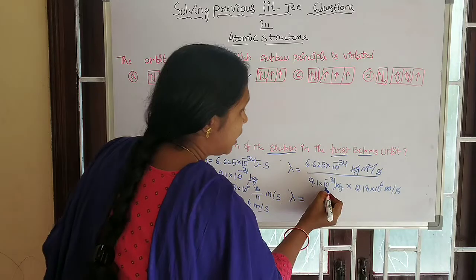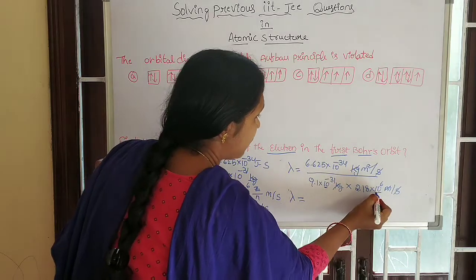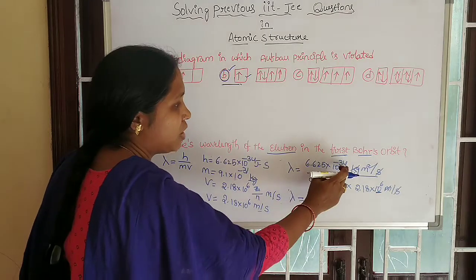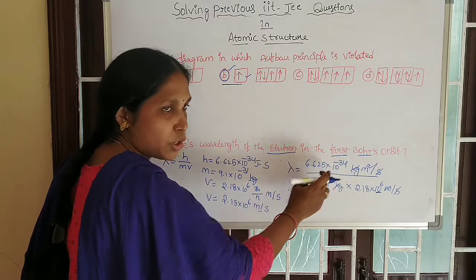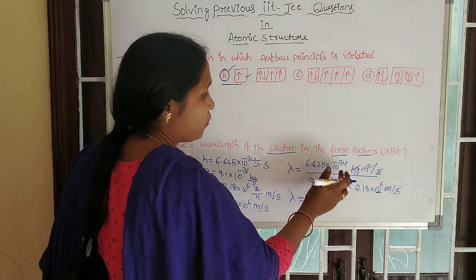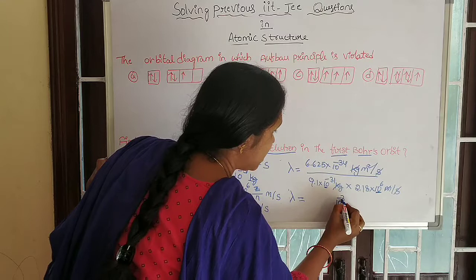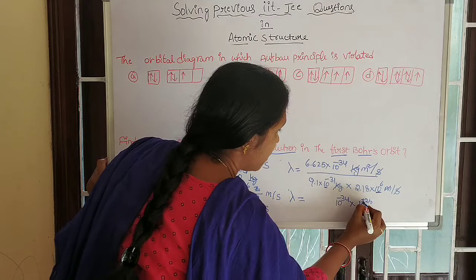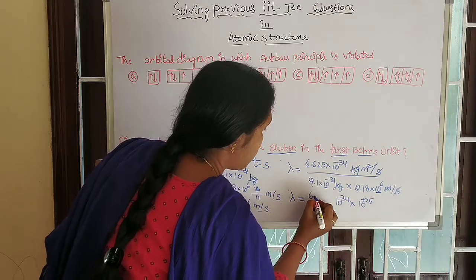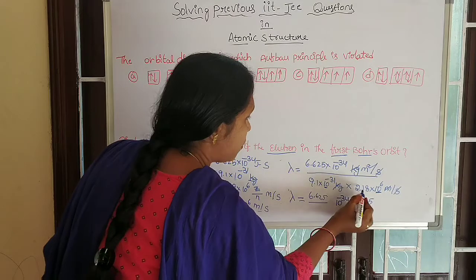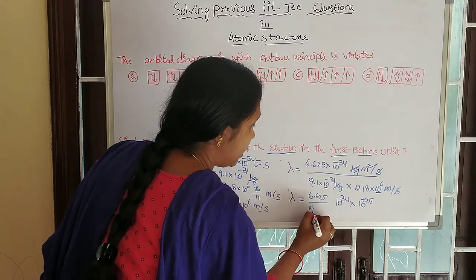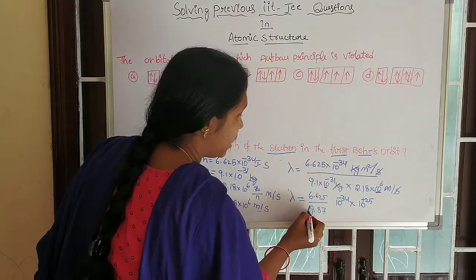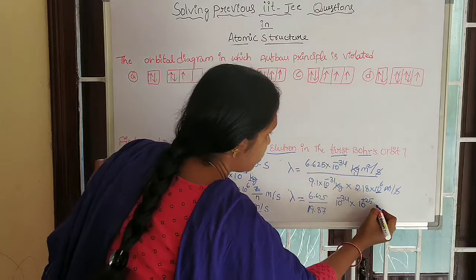So for the power of ten, we have 10 power minus 34 into 10 power plus 25. 6.625 by 9.1 into 2.18, that is 19.87, like that we will get 19.87, into meter.